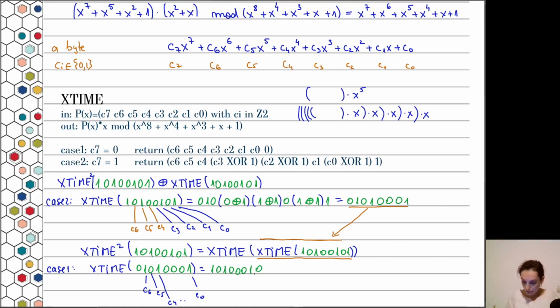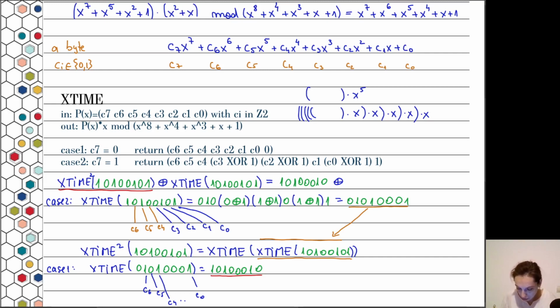Okay, and that's all. So what we have to do now is to replace this value here. So this will be equal to 1 0 1 0 0 0 1 0. So this will be XORed by the XTIME already computed by this polynomial, and the result is this.